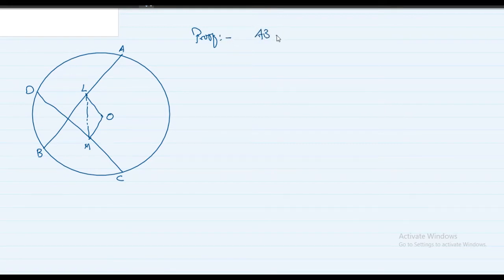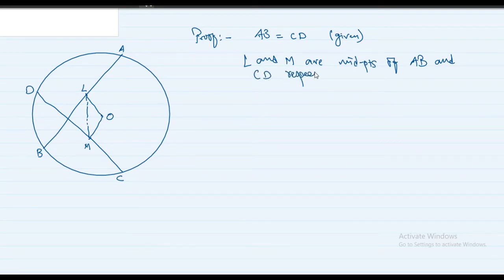Okay, we know that AB is equal to CD. It is given. And L and M are midpoints of AB and CD respectively.